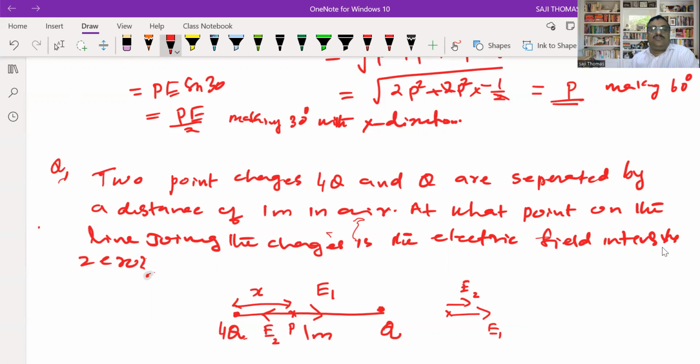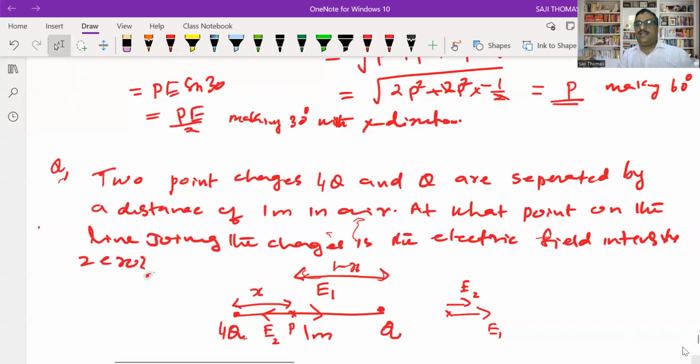Okay, now you have to find that. From the charge 4Q, the distance is x. So the distance from the charge Q to the point P is 1 minus x, the remaining distance, right? Now E1 and E2 should be equal and opposite.